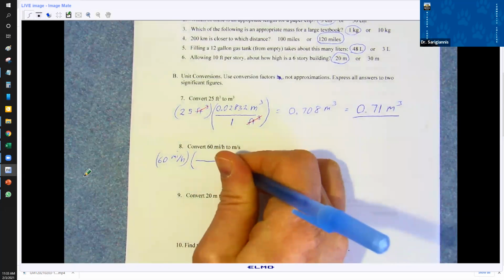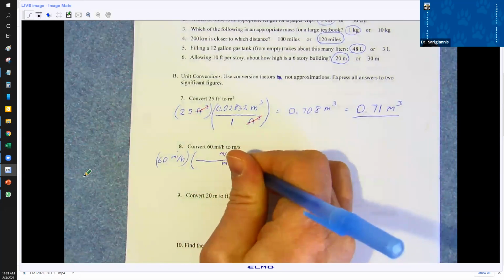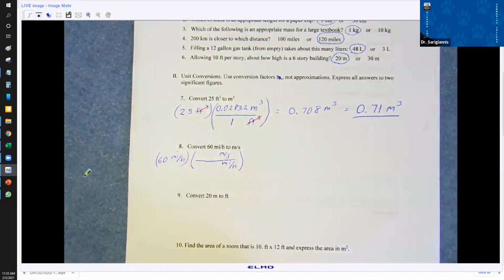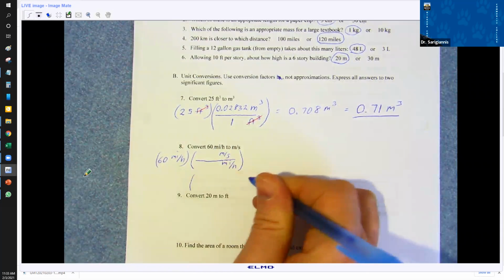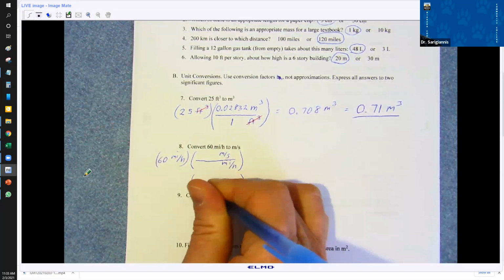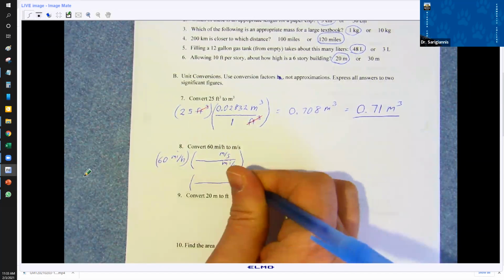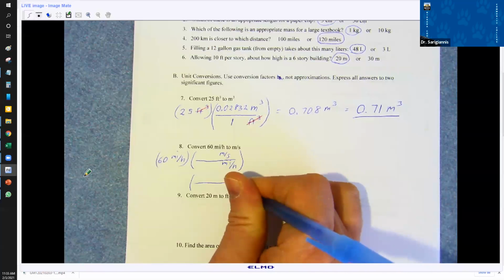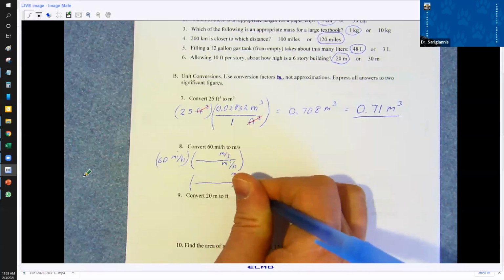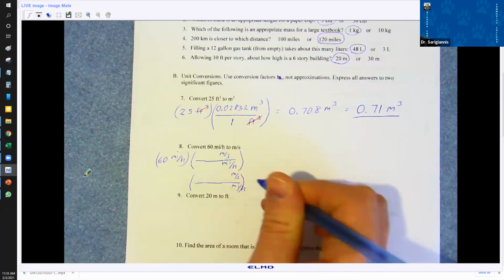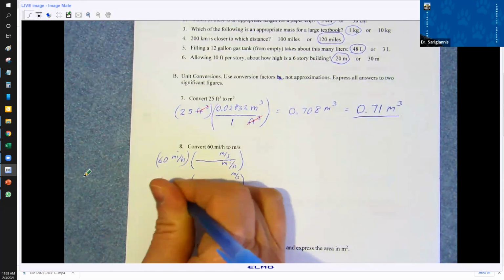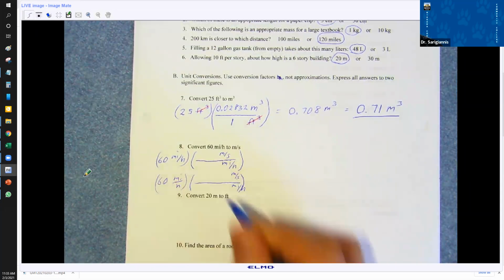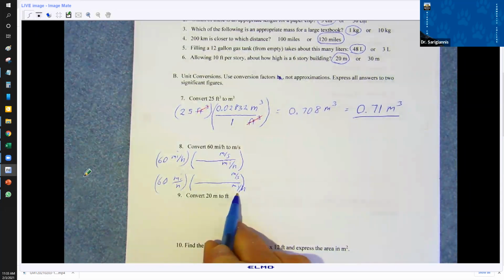And we want to get rid of miles per hour. I'm going to do this two different ways.